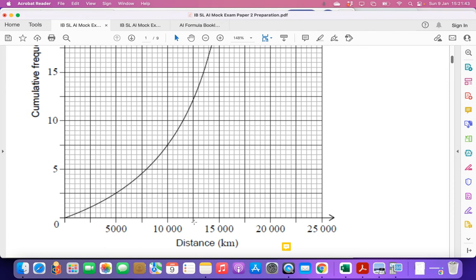So the 15th bus gives 13,500 kilometers for the median distance.